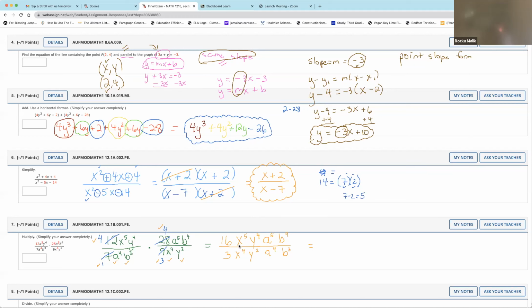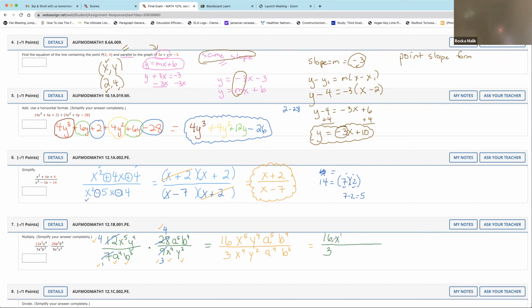And now x to the 5th, when you divide variables, you subtract their exponents. So x to the 5 divided by x to the 4 will give us, I keep my 16 and I keep my 3. It's going to give me x to the 5 minus 4, which is 1.